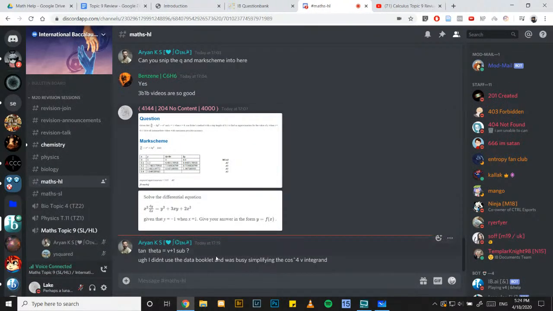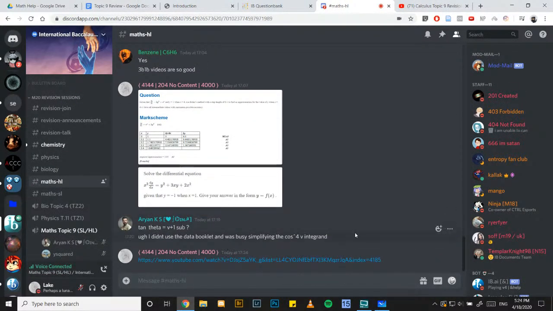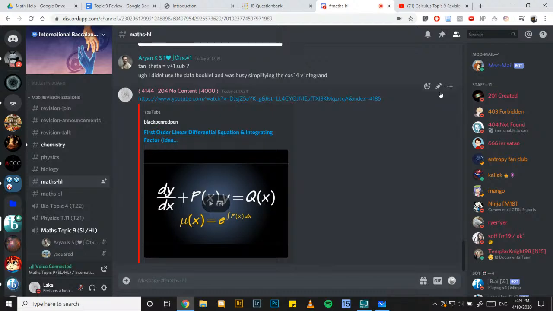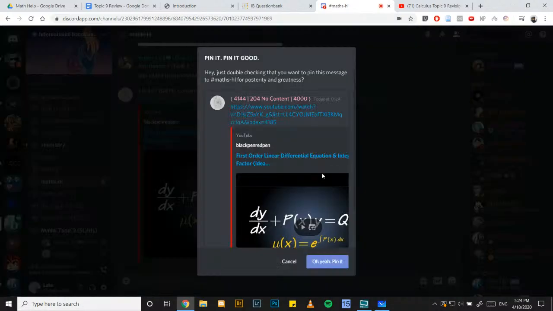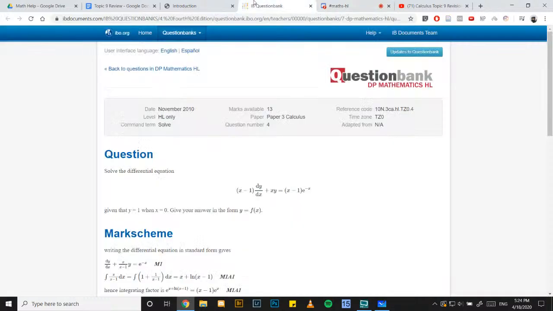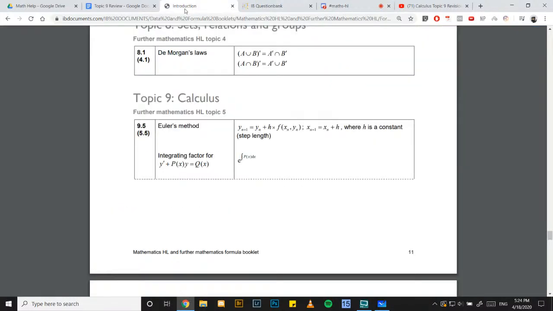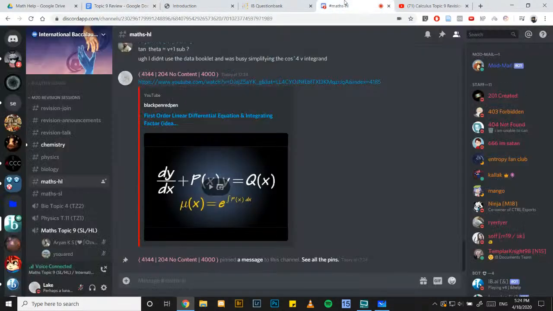Black pen, red pen's video is really good, so I'm going to pop that in here for the integrating factor. So if you want to watch this later, that's fine. But I'm going to quickly go over the concept behind the integrating factor and what it does.